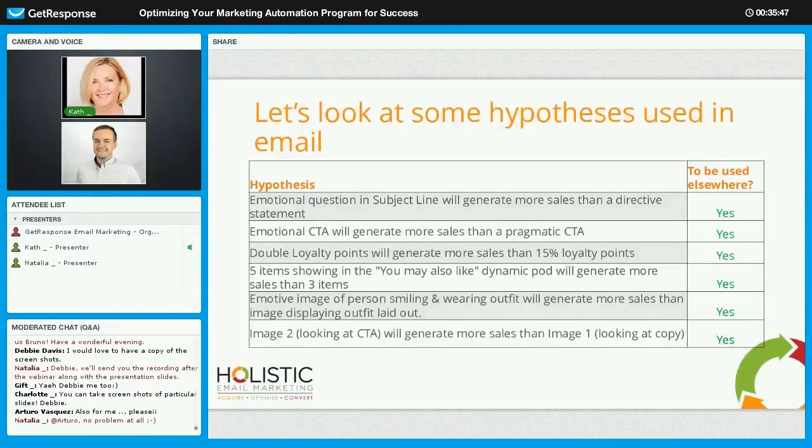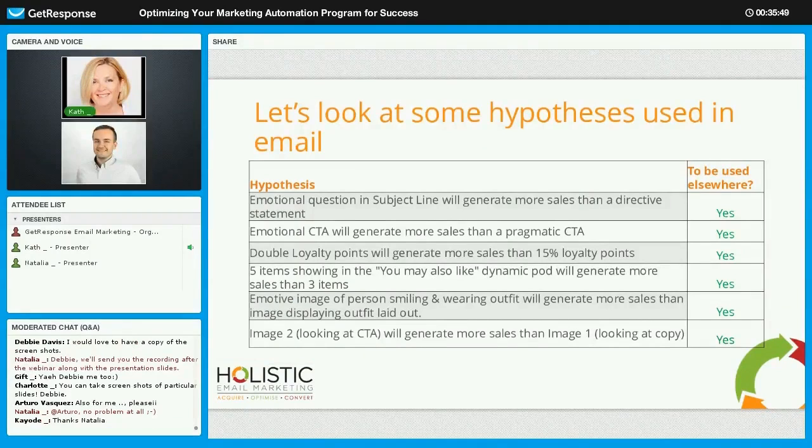So let's just have a little look at some hypotheses that you can use within email. And then we're going to look to see, can we use the results of these elsewhere? So an emotional question in the subject line will generate more sales than a directive statement. Can that be used elsewhere? Absolutely. That emotional question, regardless whether it's in the subject line or not, can be used everywhere, okay?